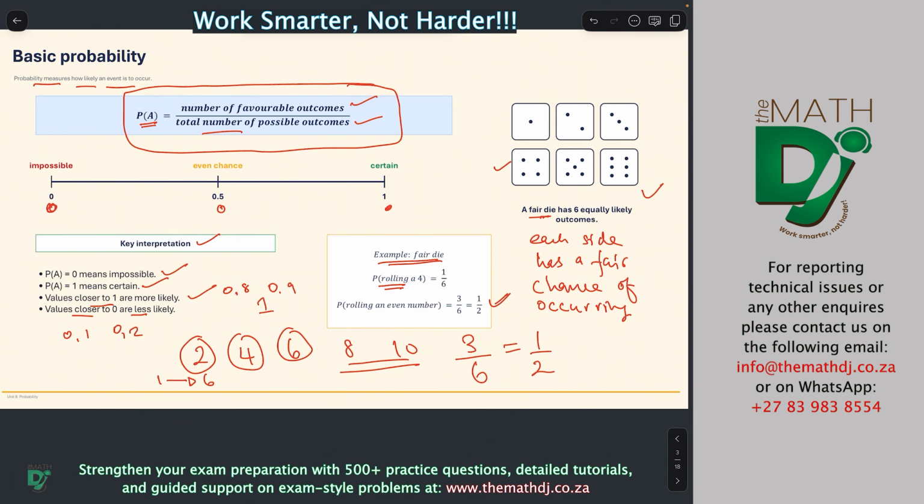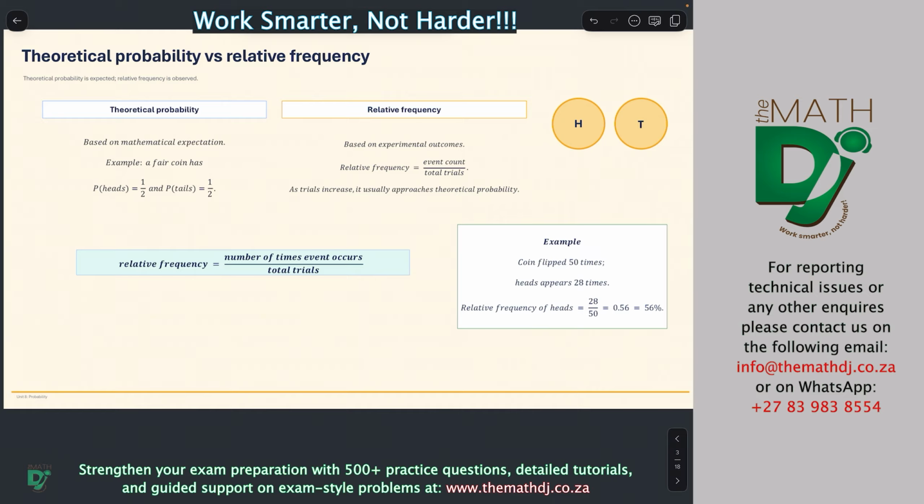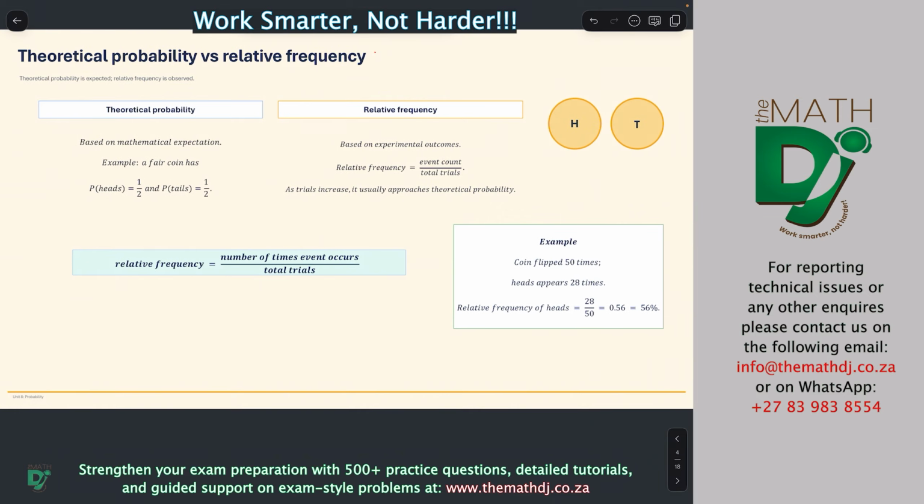So let's move on. Theoretical probability versus relative frequency. Theoretical probability is expected, relative frequency is observed. Theoretical probability is based on mathematical expectation. If you have an example of a fair coin, there is head or tail.